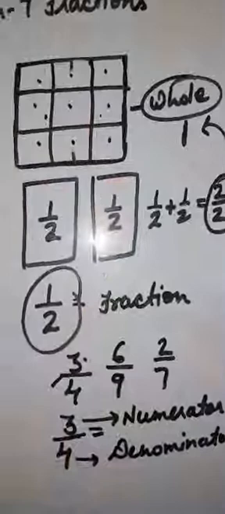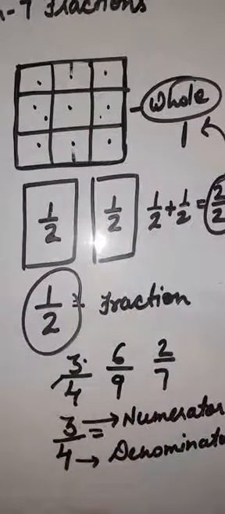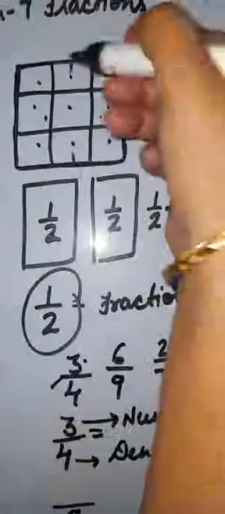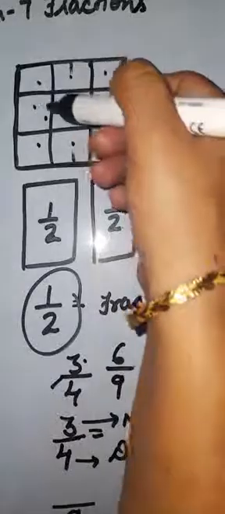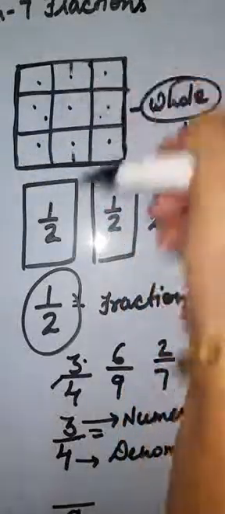So I have divided this square into 9 equal parts. So I'll write here 9. This is the denominator, because the denominator means the total number of parts of the whole. So total number of parts जो पूरा whole था उसके total numbers कितने लिए हमने: 1, 2, 3, 4, 5, 6, 7, 8, 9.